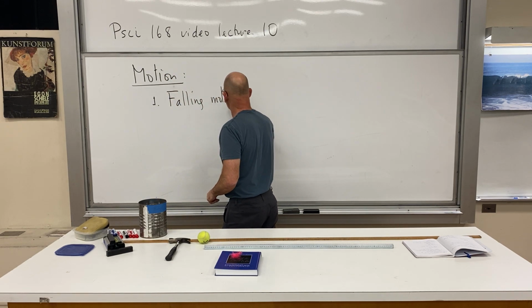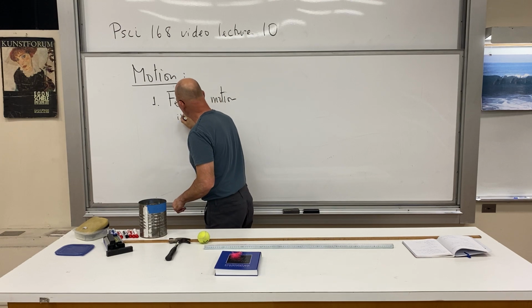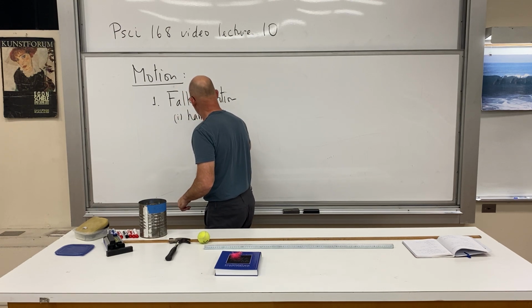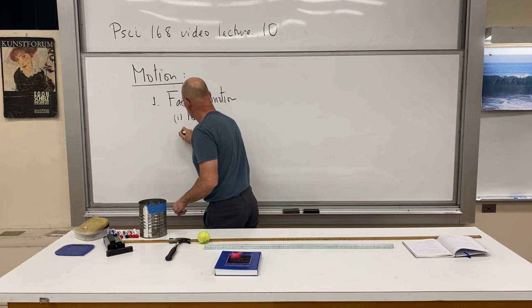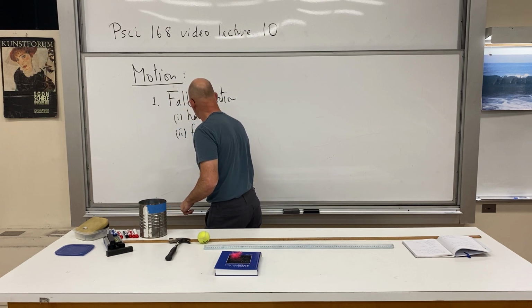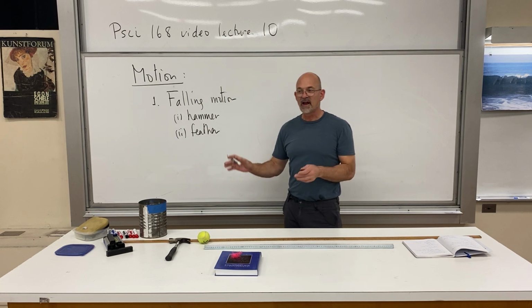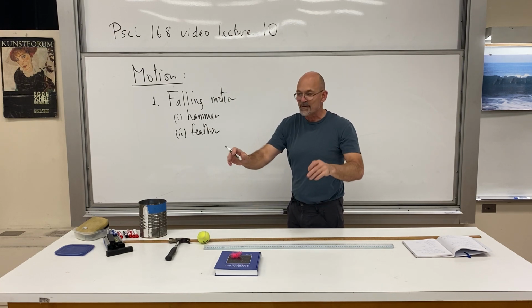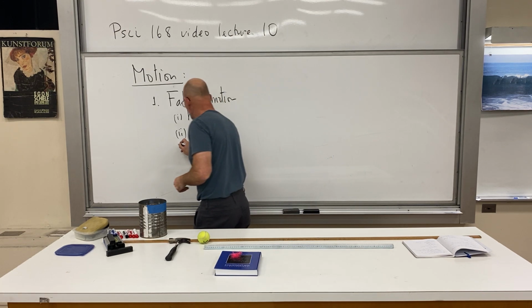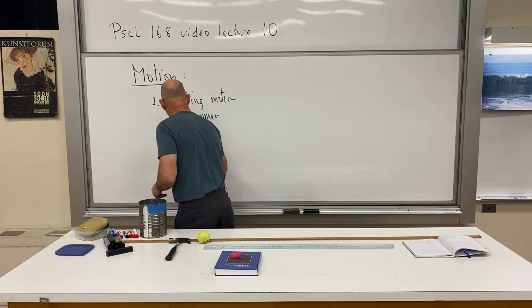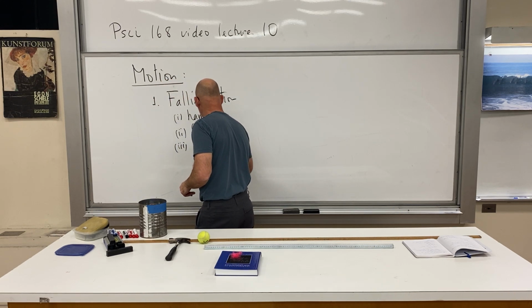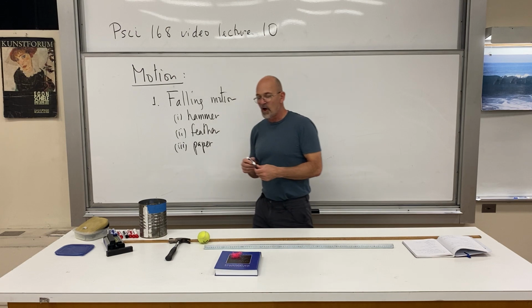Things falling: a hammer, a feather, and you can add to the list. Maybe you guys want to try dropping a couple of things side by side. Paper, leaves. They seem to fall differently.